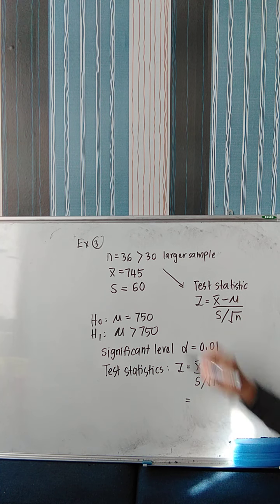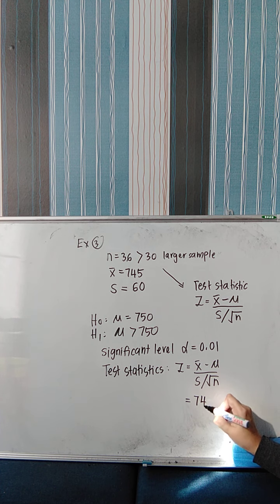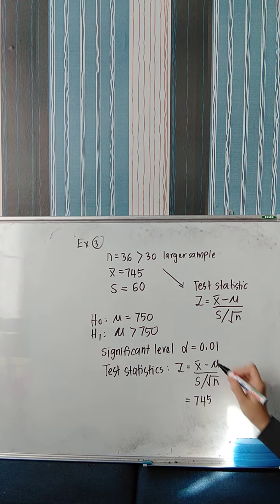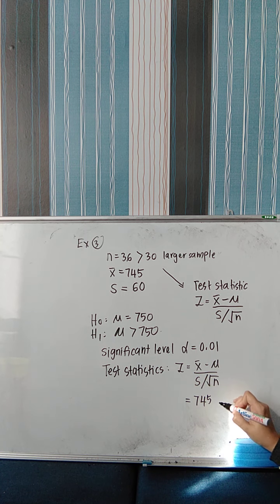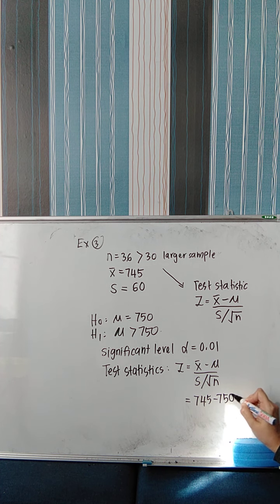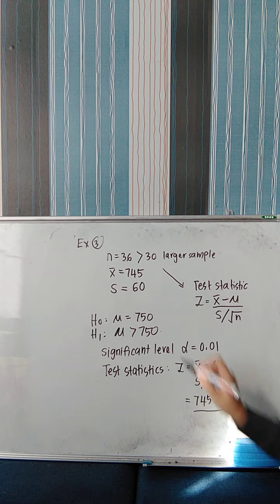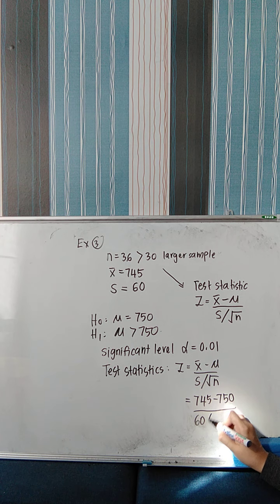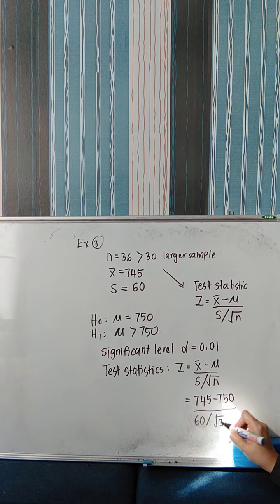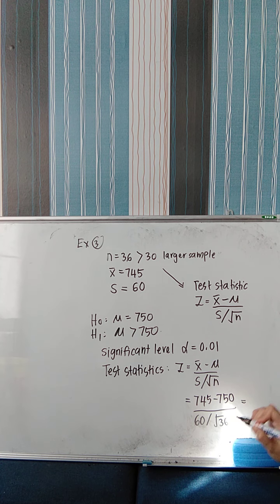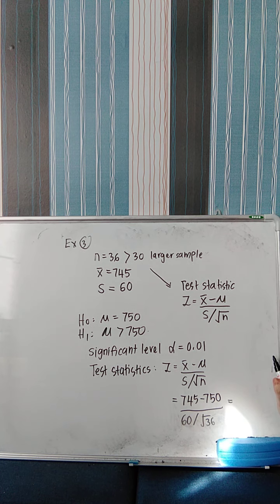Your x bar is 745 minus mu, which is 750, divided by S, which is 60, over square root 36. So the test statistic is equal to negative 0.5.